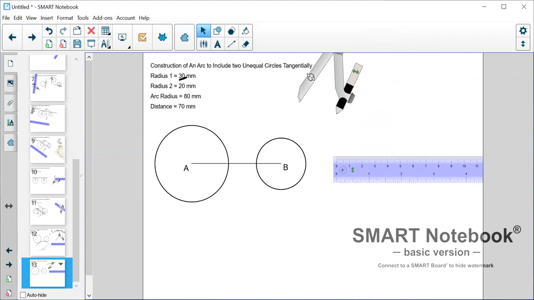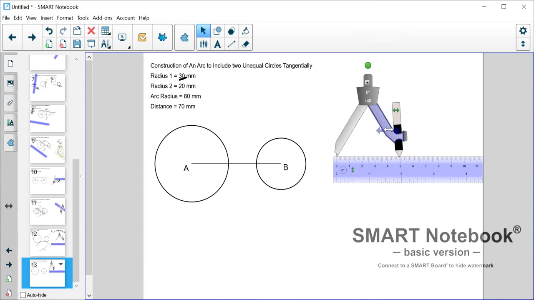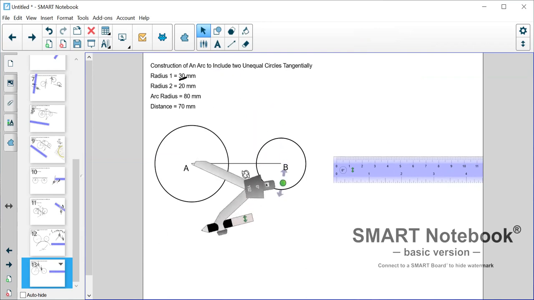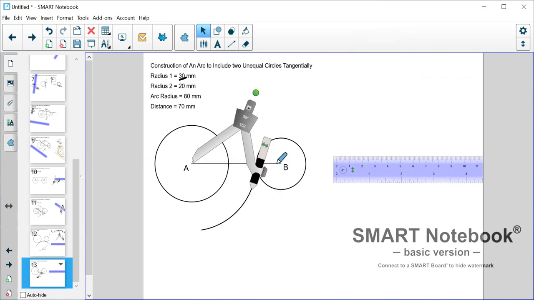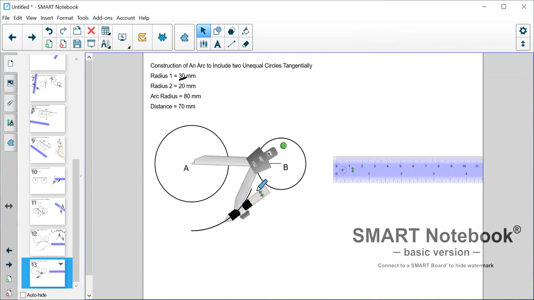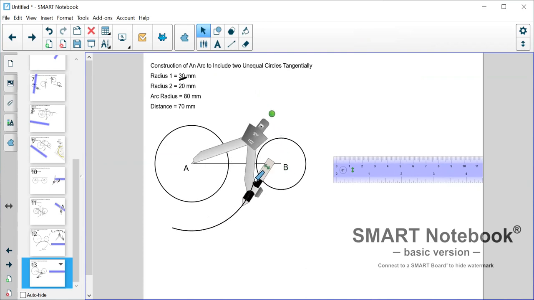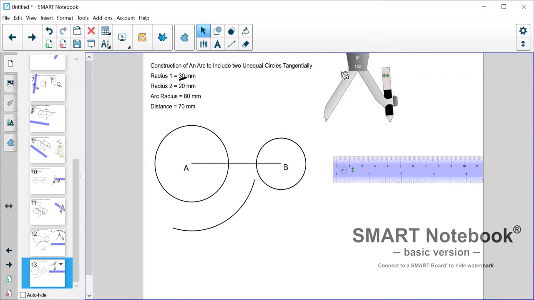Subtracting 30 from 80 will leave us with 50, so we'll use a radius of 50 mm. We come here and scribe the arc below. Remember, in this case we subtract, we're not adding anymore. We draw the arc nice and long because we don't know where the other one will intersect, so we just want to make sure.